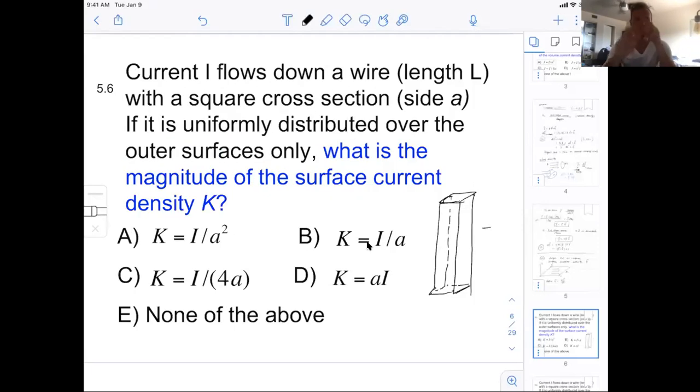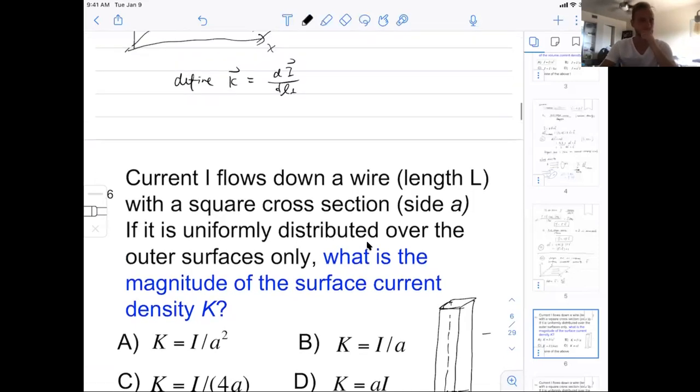So this is what we have. I think we can first figure out which ones are not going to be correct by looking at the dimension, and then figure out exactly what we need to divide it over. The most popular answer is A, current over area. Would that be the correct definition for surface density?